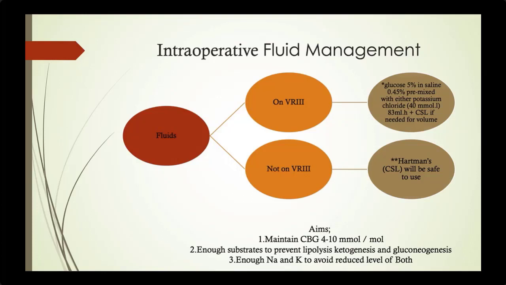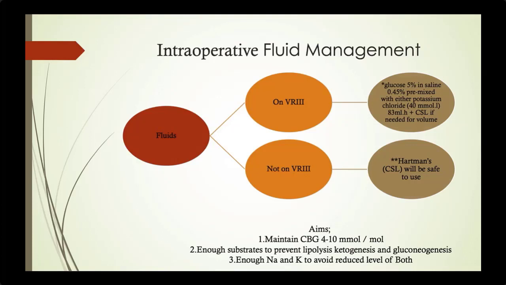Very important here, if you go through the evidence and the recommendations by the bodies, the overall aim in general is to keep the blood sugar between 4 and 10. You give enough substrate to avoid any metabolic derangements like ketogenesis, for example.